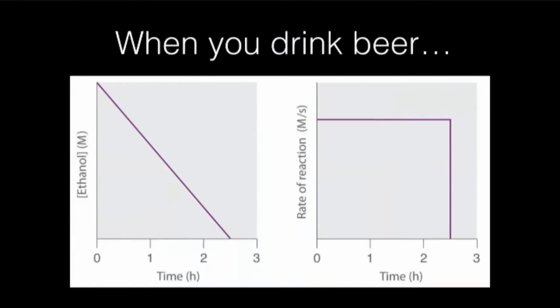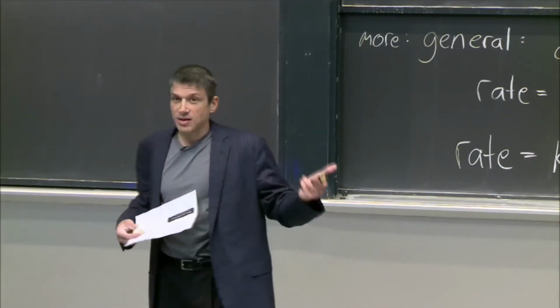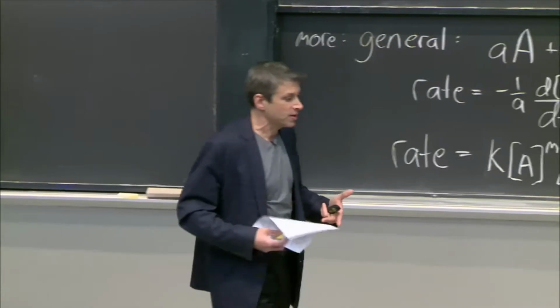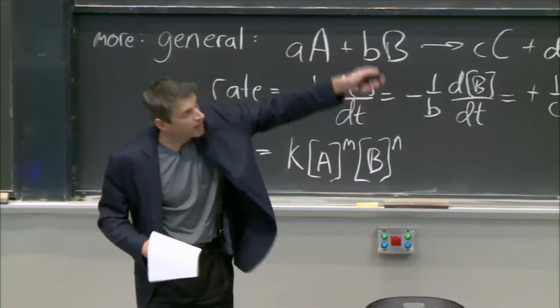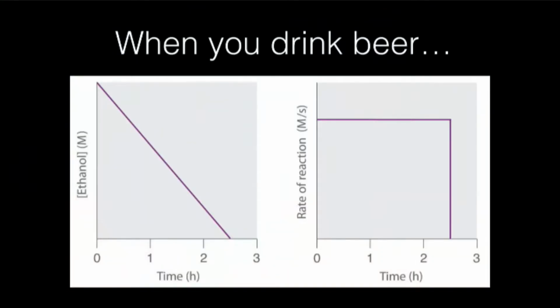The reaction of the liver, the enzymes that are breaking this down, is not dependent on the concentration. So if I load up a lot more in there, it doesn't matter. There's a pipeline and there's a rate and it's not changing. Well, that leads to consequences to be thought about when you drink beer.